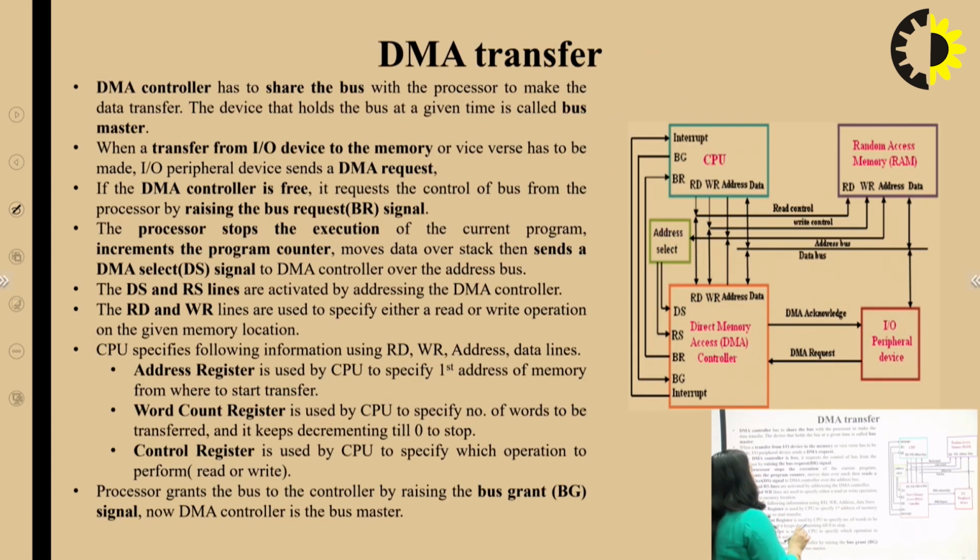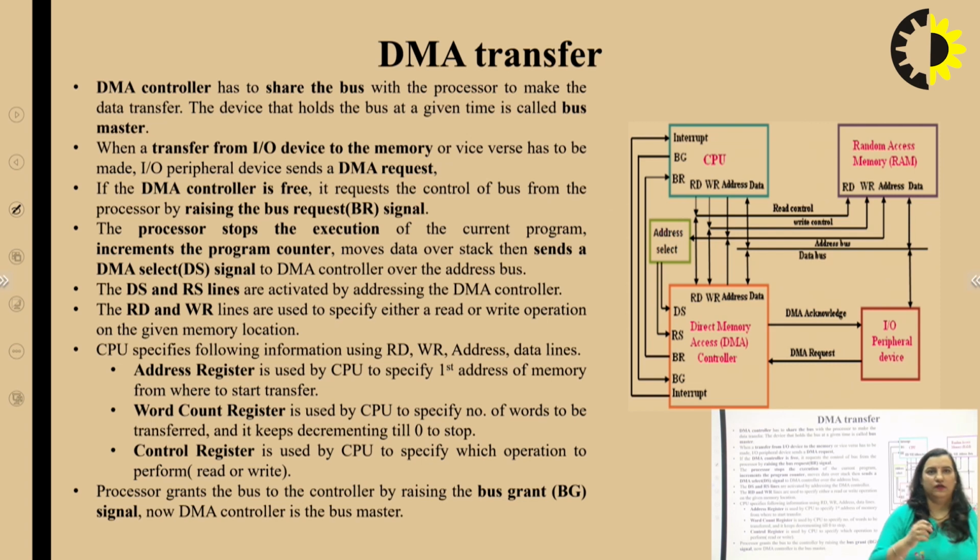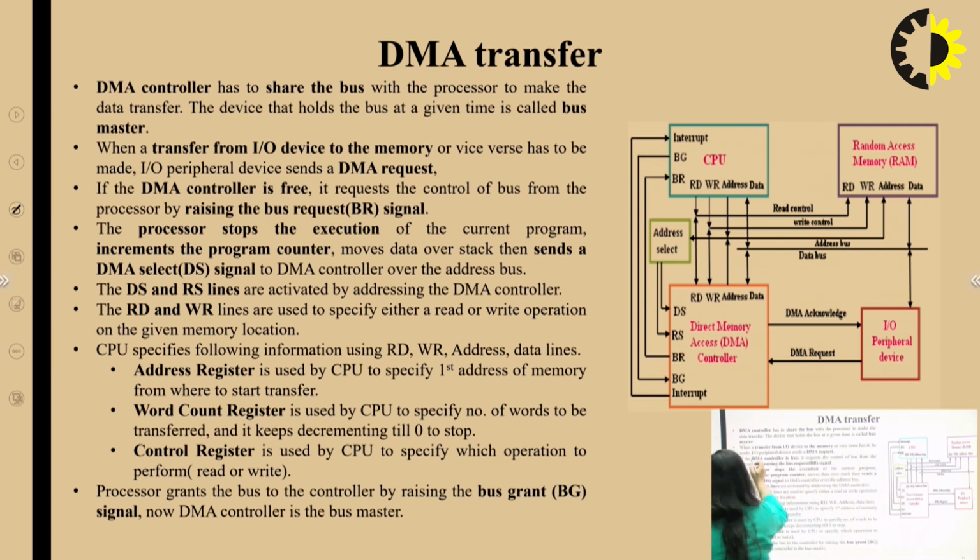So in DMA transfer, we have a DMA controller, which acts as a slave CPU, a slave processor. There are two types of processors, master and slave. Master is the CPU, and here we are using the DMA controller, which acts as a slave processor. Now the DMA controller has to share the bus with the processor to make the data transfer.